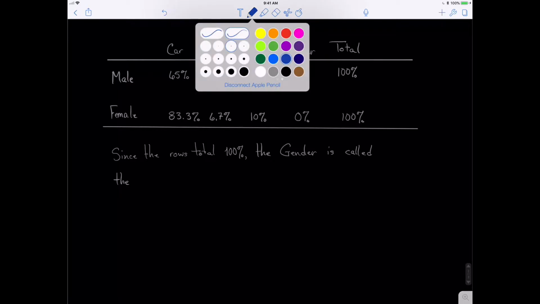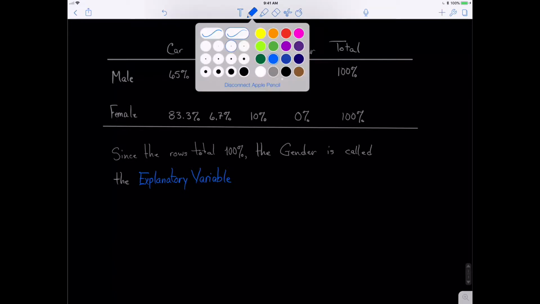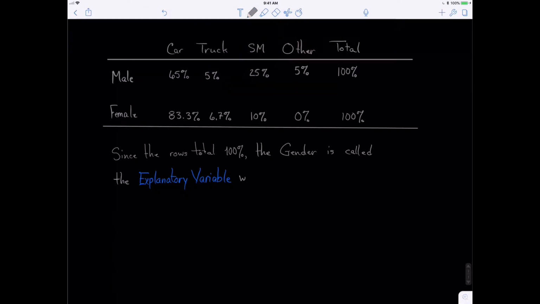Or how about that electric blue? Is called the explanatory variable. We'll define it here in a moment. It's called the explanatory variable with categories of male and female.